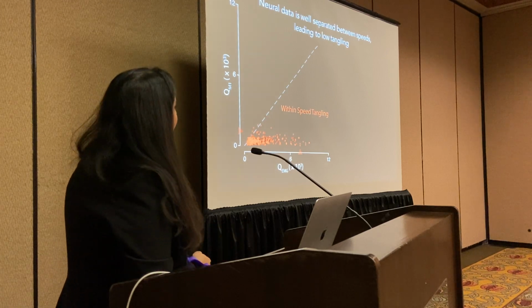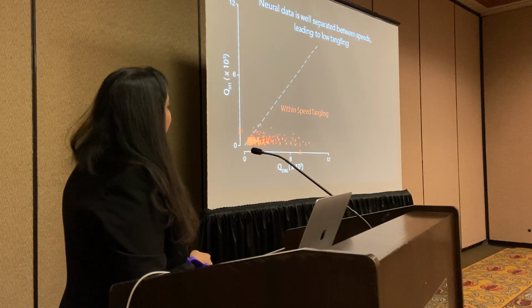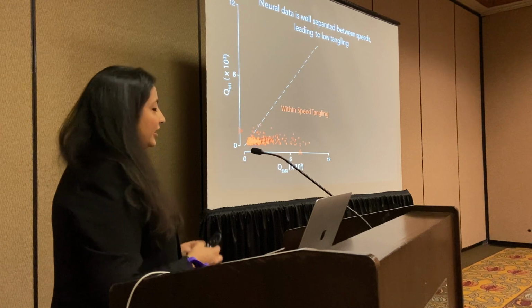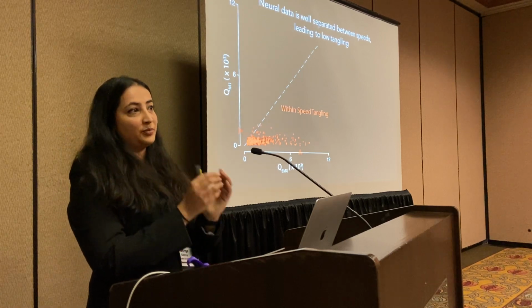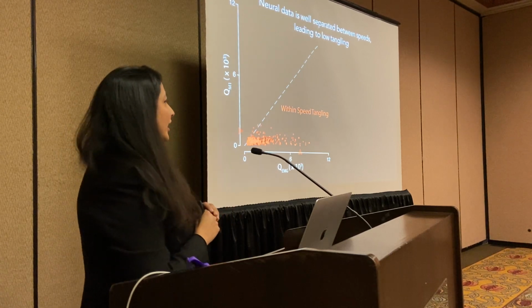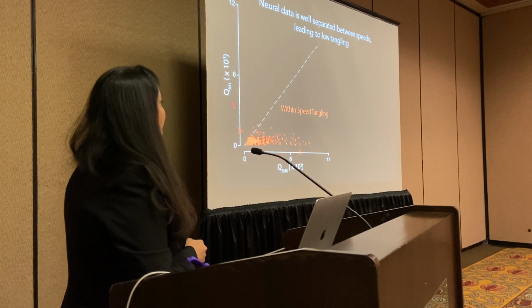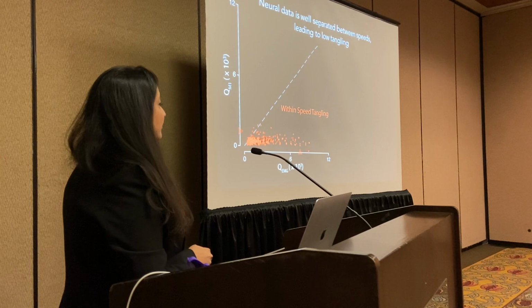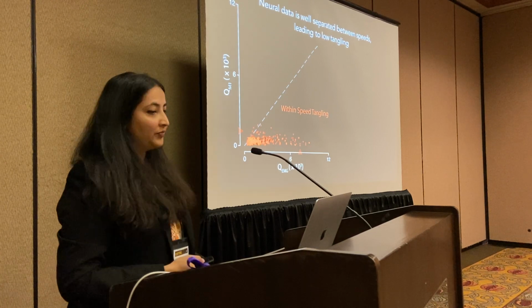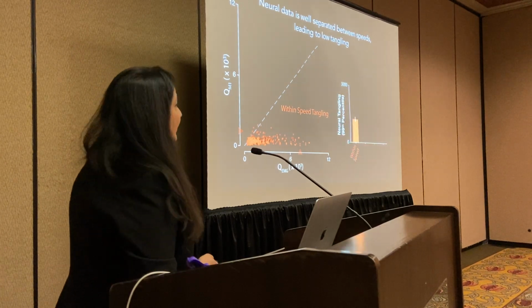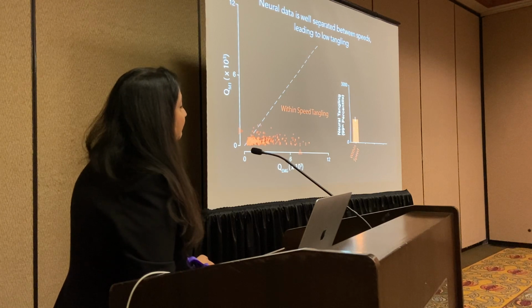So here, I'm taking the within speed tangling, so that's actually just considering the tangling across every speed of the trajectories. This is for the muscle data as compared to the neural data. You see that the muscle data goes very high as compared to the neural data. And now I'm quantifying the 99th percentile of just the neural tangling.